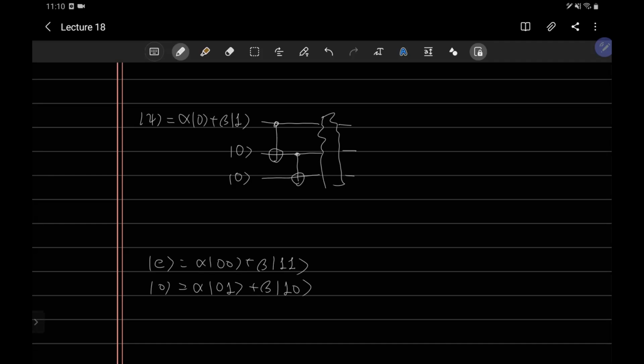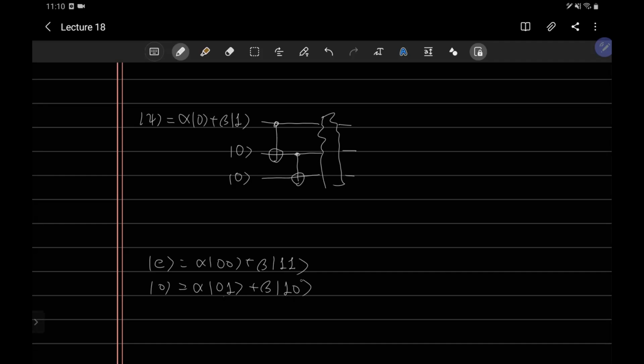You probably know the concept of parity: the number of ones, and whether that number is even or odd. In the first case, the number of ones is 0 or 2, so both are even, and we call this even parity. For the second case, both of these states have only one 1, so it is odd parity.